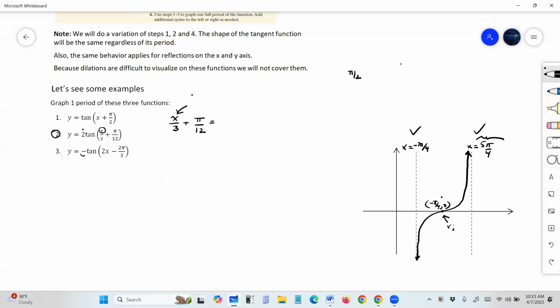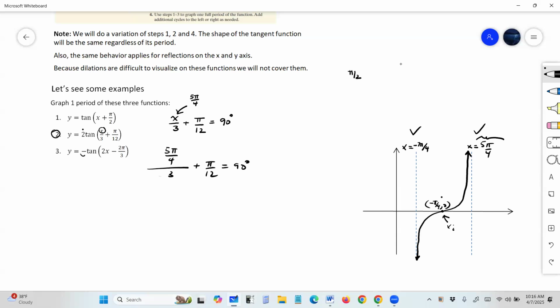When this is 5 pi over 4, this should be equal to 90 degrees, right? Because if it is, then that means that the graph is approaching infinity, and this is an asymptote. So let's check. So I'm going to replace that x with 5 pi over 4. And I'm going to confirm that this is 90 degrees. Obviously, 90 degrees is pi over 2.